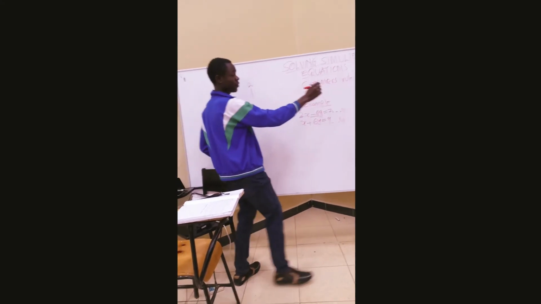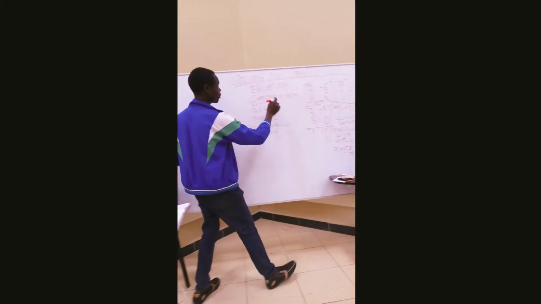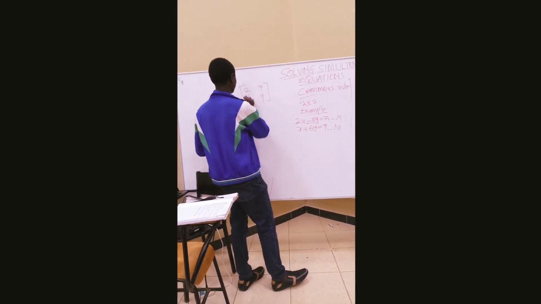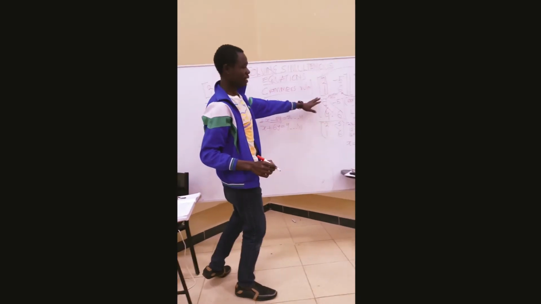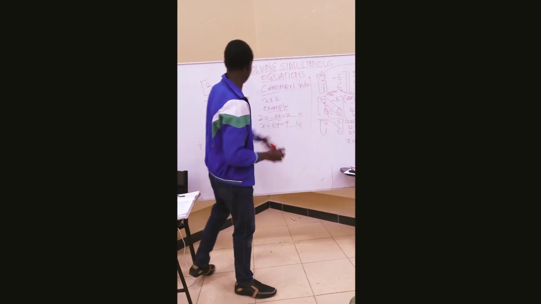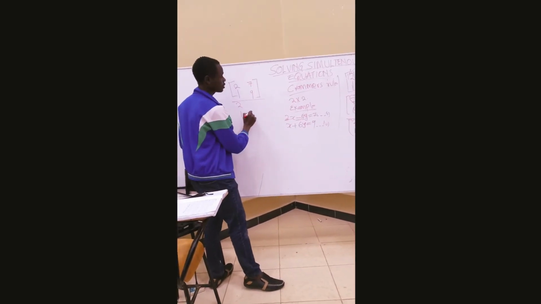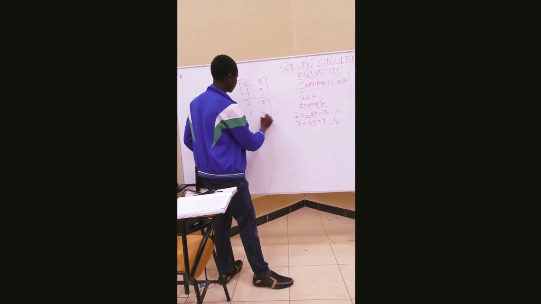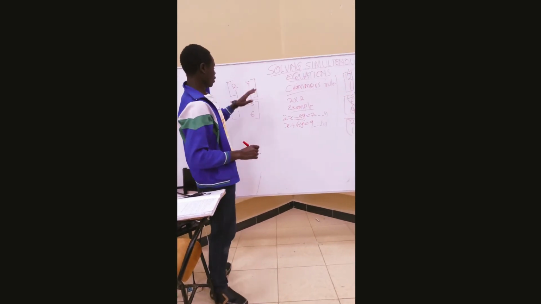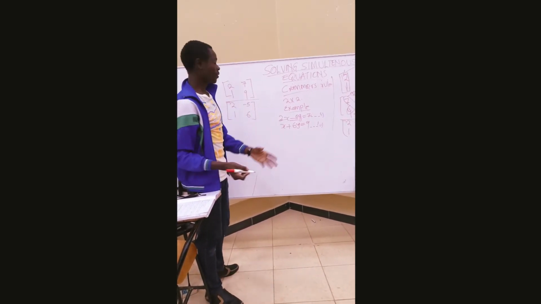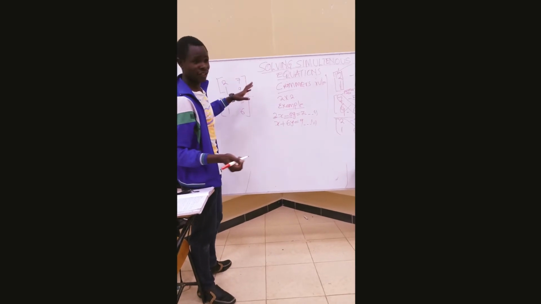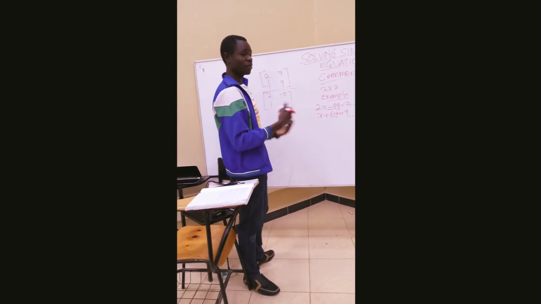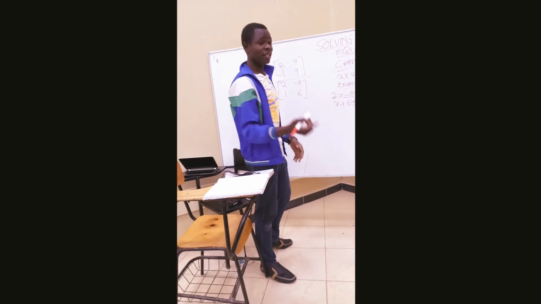Then you bring here 7 and 9, divided by the initial matrix, which is 2, 1, negative 5, 6. As usual, you are going to find the determinant of every matrix, both the numerator and the denominator. Then we get the value of y.